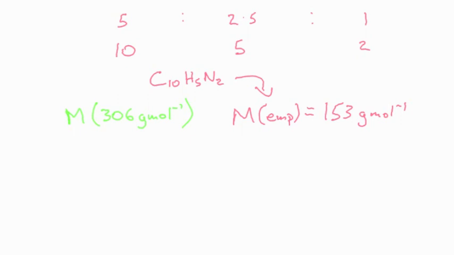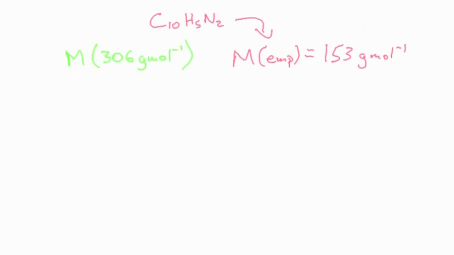Now all we need to do to find the molecular formula is divide the molar mass of the molecular formula by the molar mass of the empirical formula. So if we go 306 divided by 153, that's going to equal 2.